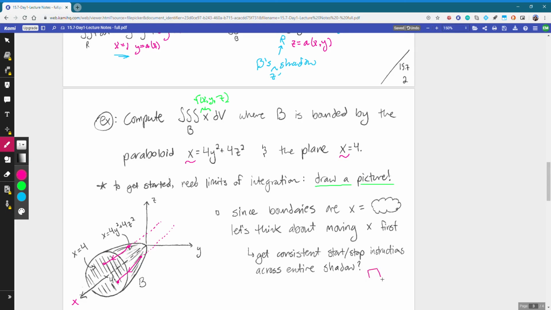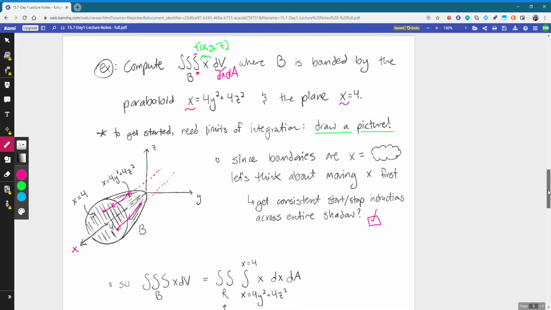And so here, this is a big check. We do have consistent instructions, and because of that, we can use these sides as the limits of integration for our innermost integral, and we're going to move x as our first one, and we'll figure out what to do after that. So dx is going to be our first. Okay, and so starting to set that up.